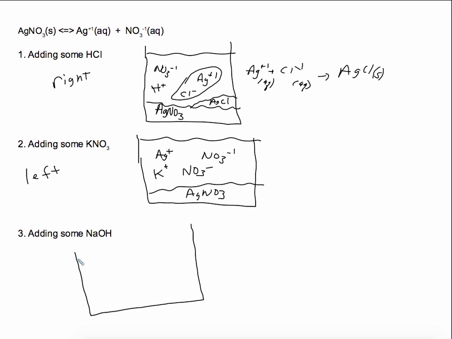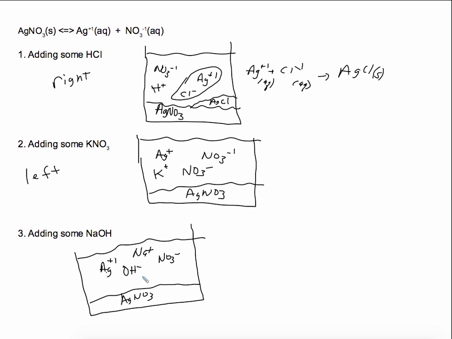Okay, now adding some NaOH. All right, so here we go. We have the silver nitrate at the bottom, a solid, and then we have the Ag+ and the nitrate in here. Now, when you add the Na+, remember all nitrates are aqueous, so if the Na went with the NO3-, it's not going to form a solid.